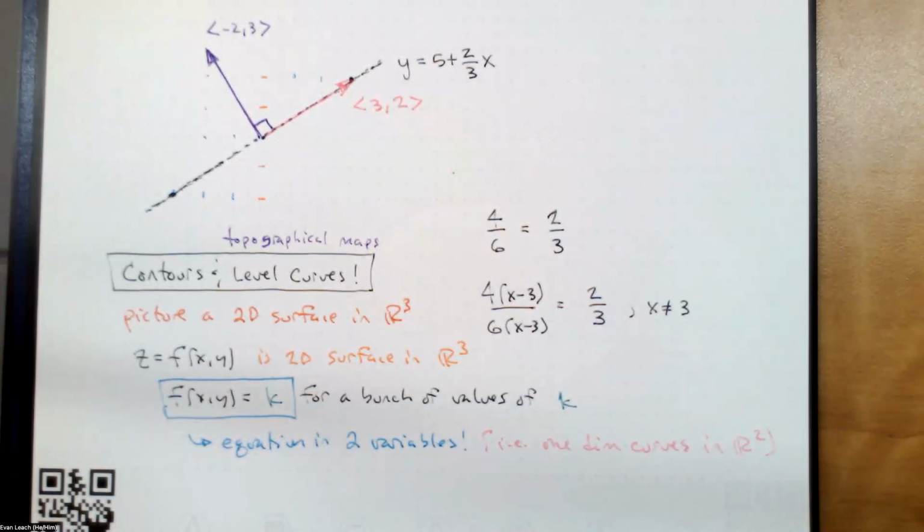Y equals square root of x, you're picturing half a parabola. Y equals sine x. You have a whole library of curves that you remember. Now we just need a whole library of surfaces that we remember. Right now we've got planes and we're just going to build on that.